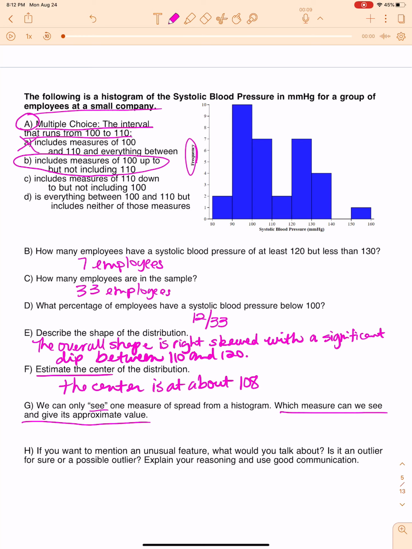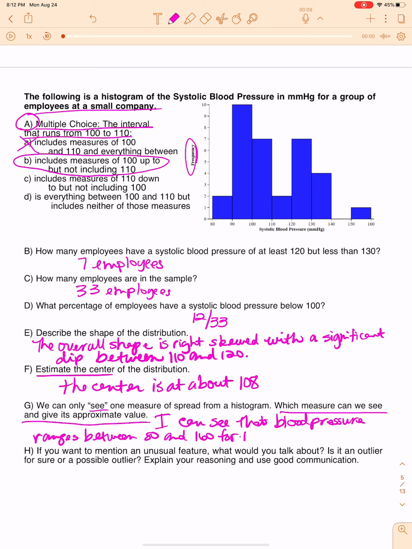So I'm just going to say that I can see that blood pressure ranges between 80 and 160 for this company. Another way you could say it, I would say the range is about 120, because 160 minus 80 is 120, anything like that.